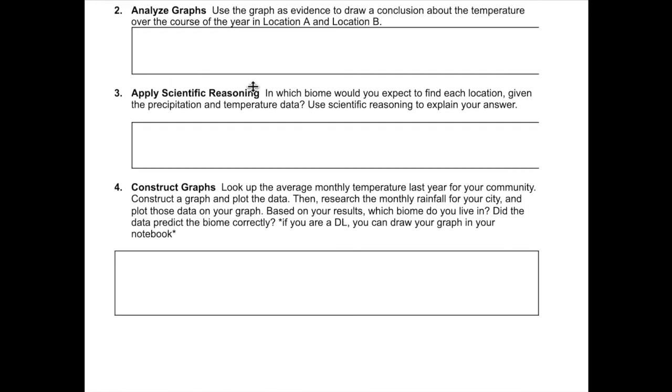And then for these last two, you're basically applying what you learned. This is asking you to identify which biome, and then you're going to make your own based on data that you find on the internet for Hana, Hawaii.